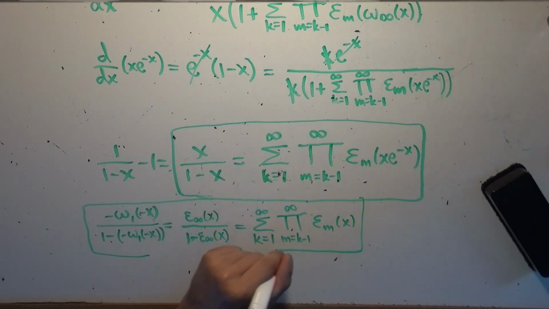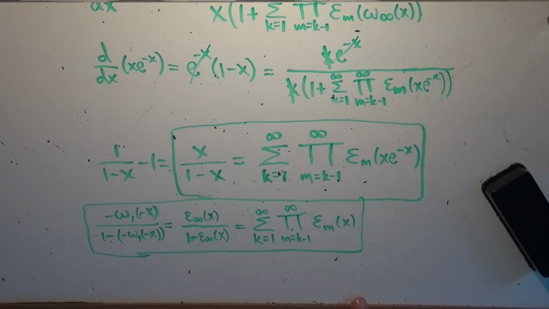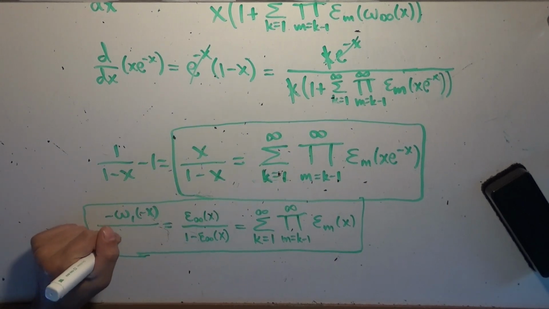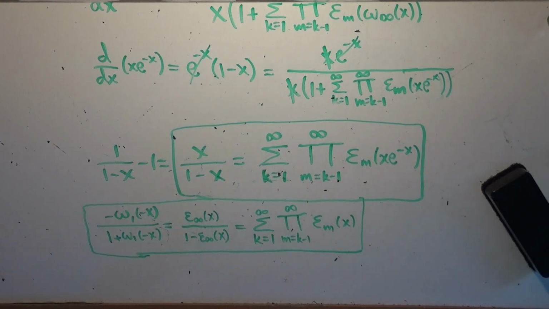Truly lovely. And there's a similar relationship you can derive with the tetrations, the infinite tetration, but it just sort of ends up being a garbled mess with a bunch of logarithms flying around, and it's not as interesting as these two expressions, I don't think. We can simplify this by simply writing 1 plus omega 1 of negative x. Just two stunning, stunning results.